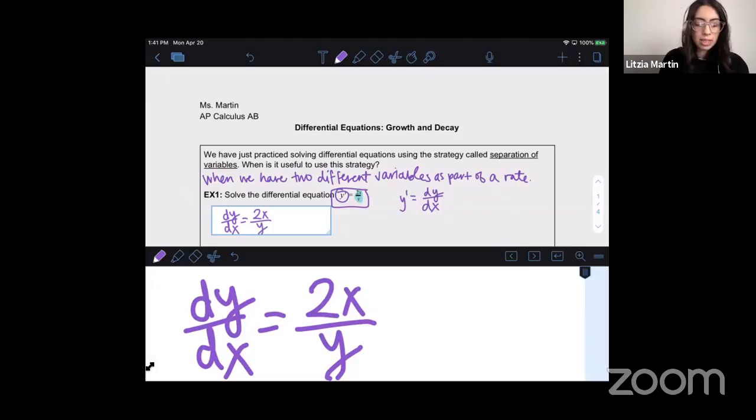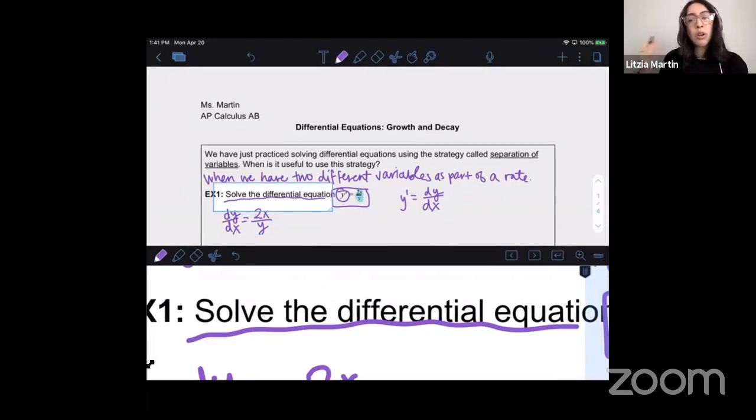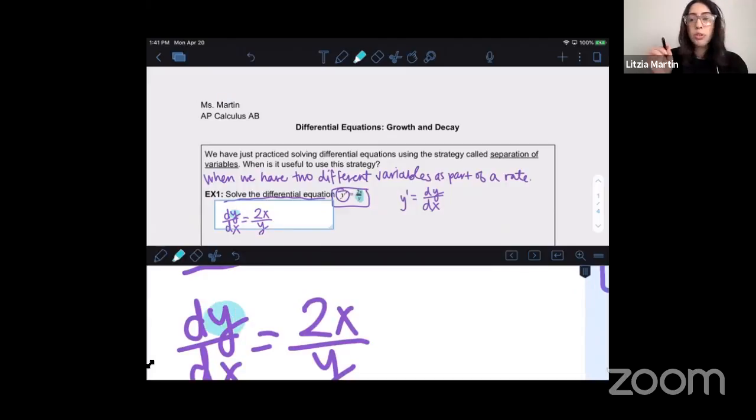But the problem is asking us to solve the differential equation. So when it's saying to solve the differential equation, what it means is solve for its original equation. So we're given the rate, we want to know what is the original equation, or in this case, what is the equation of y, because that's what we're changing there, dy over dx.